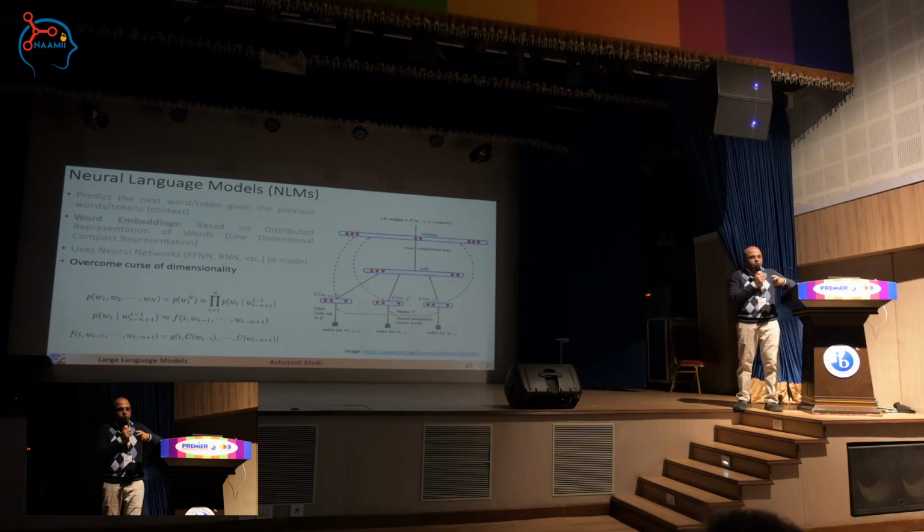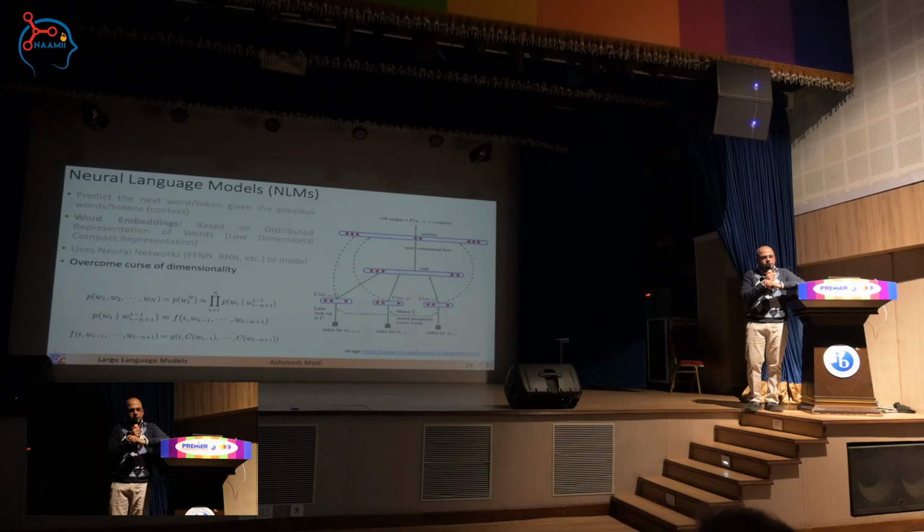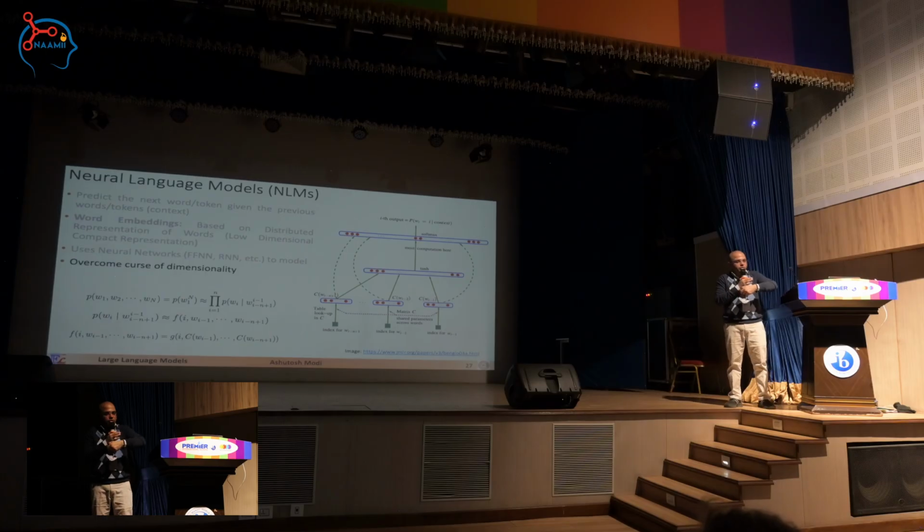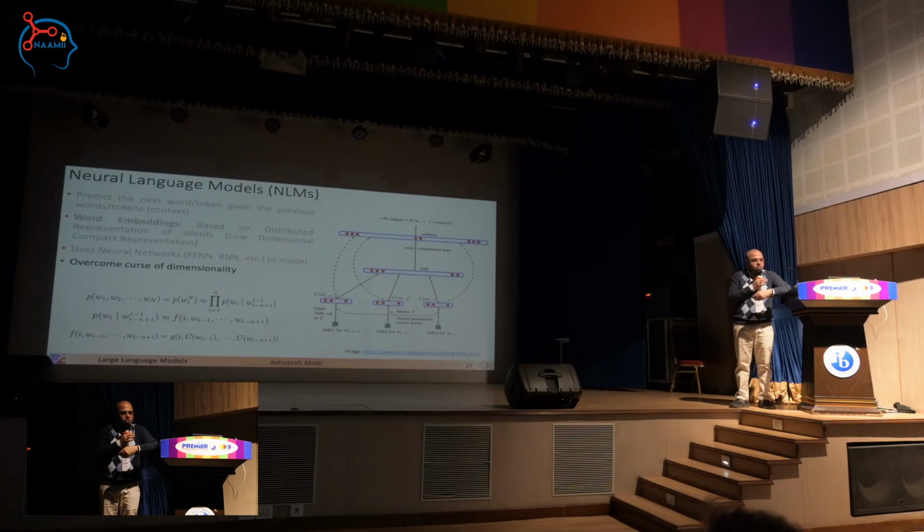And this also happens with you, right? When you are reading some book, and you come across a completely new word which you have never seen, you are still able to get some meaning of that word because you know the context around it, right? The same thing this neural language model is also doing. So that helps to overcome the curse of dimensionality.